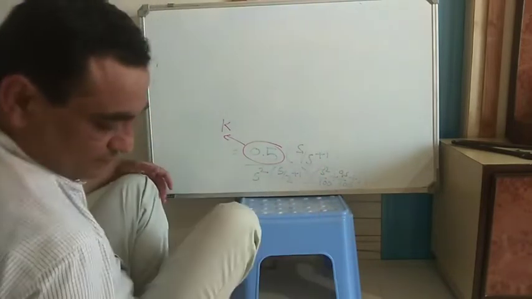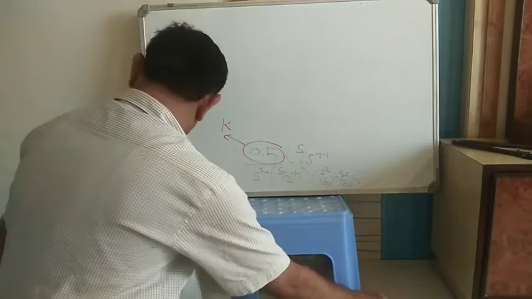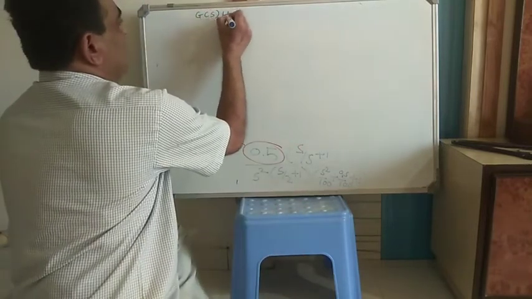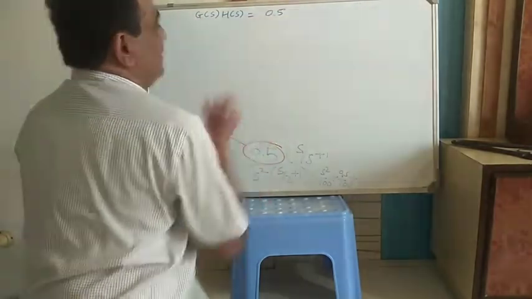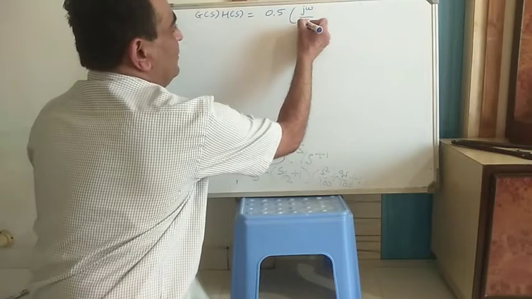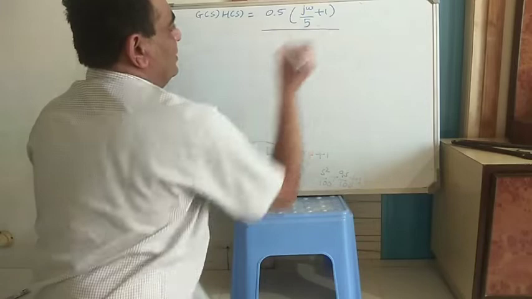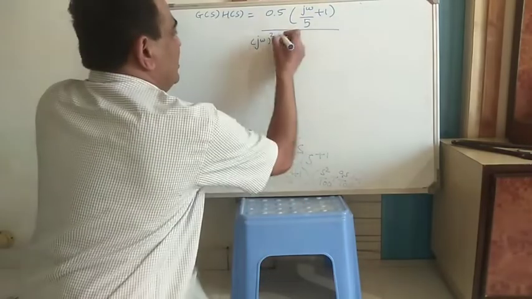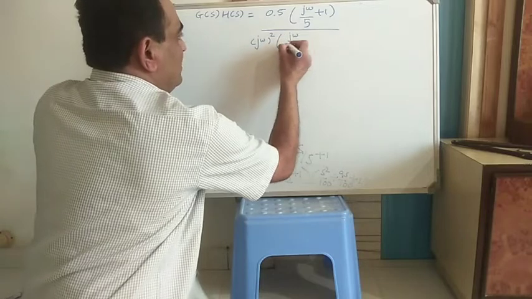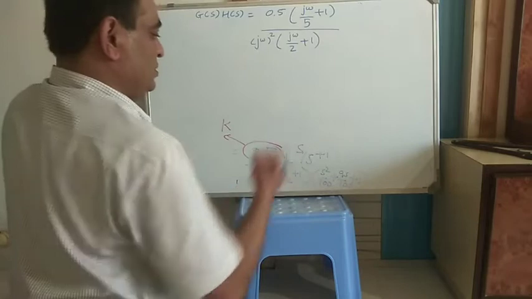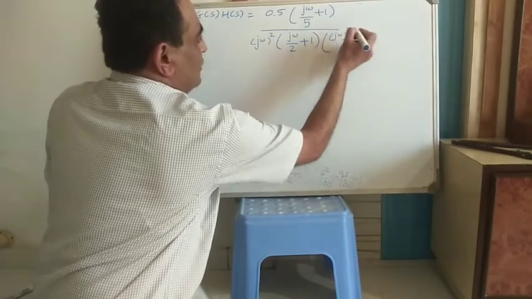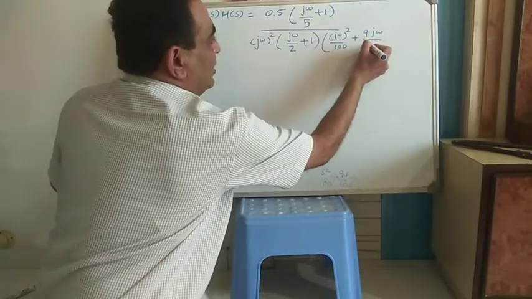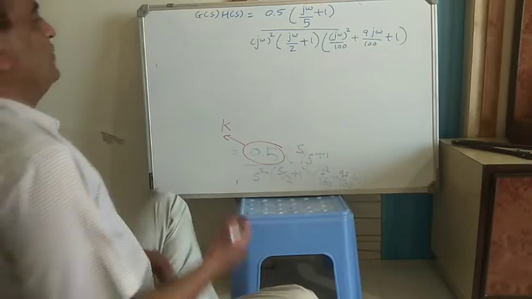So G(s)H(s) is equal to 0.5 into (j omega by 5 plus 1) divided by (j omega) whole square, then (j omega by 2 plus 1), then (j omega) whole square by 100 plus 9 j omega by 100 plus 1. So I need to find the phase of this.